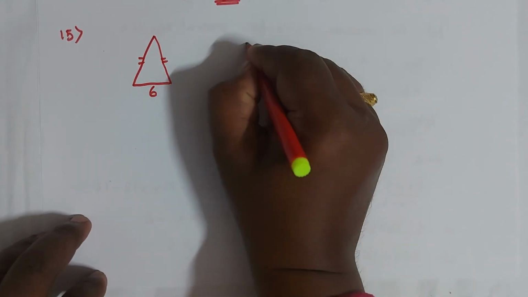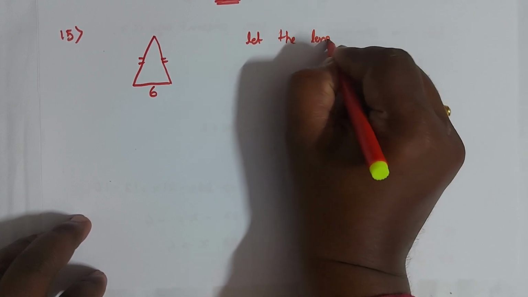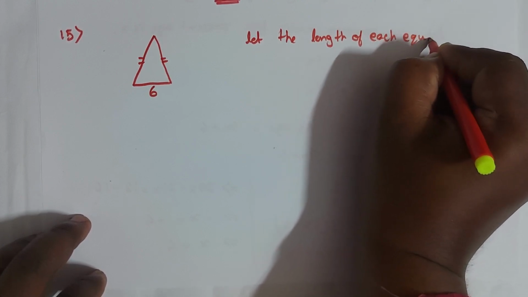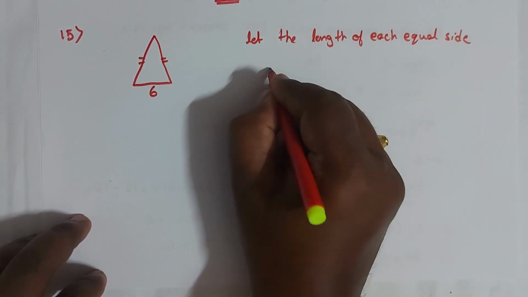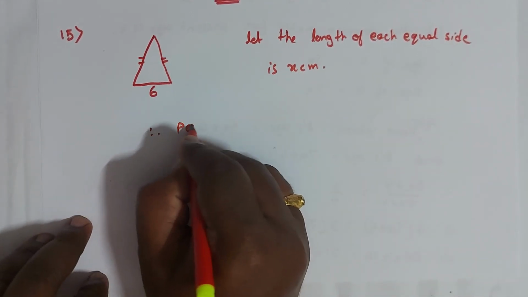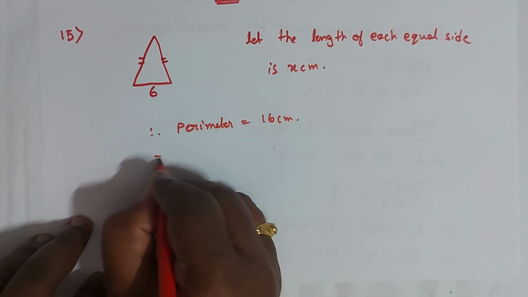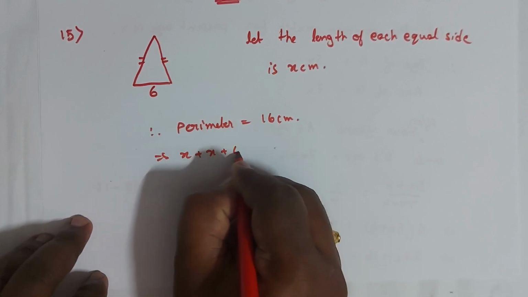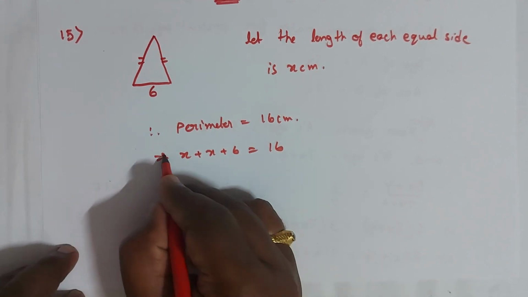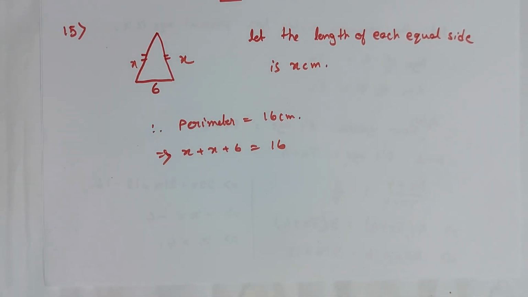So let the length of each equal side be x centimeter. So perimeter is equal to 16 centimeter, or x plus x plus 6 is equal to 16 centimeter, isn't it? Because this is also x, this is x. Perimeter means sum of the length of each side.